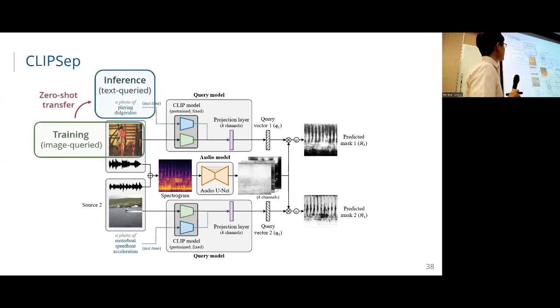When training, we are doing image query, using the image to condition the model to do the source separation. But at test time, we just do a zero-shot transfer to text query. So at inference time, we use text like "a photo of playing" some instrument as the query to get the output.